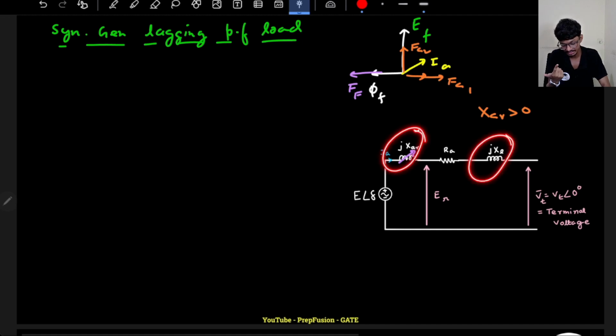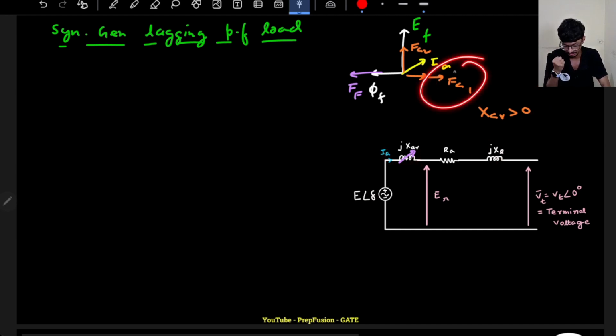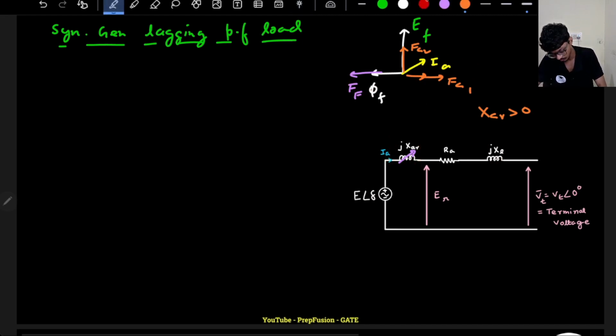Same as the case of leakage reactance: whatever flux I was producing, some of it used to go away due to leakage, that's why XL was positive. Same thing will happen here. XAR will be positive because overall flux is reducing, so this is demanding some flux. So your XS will be positive.